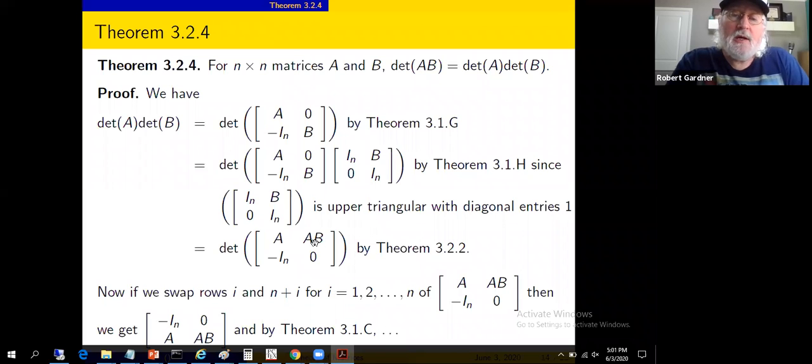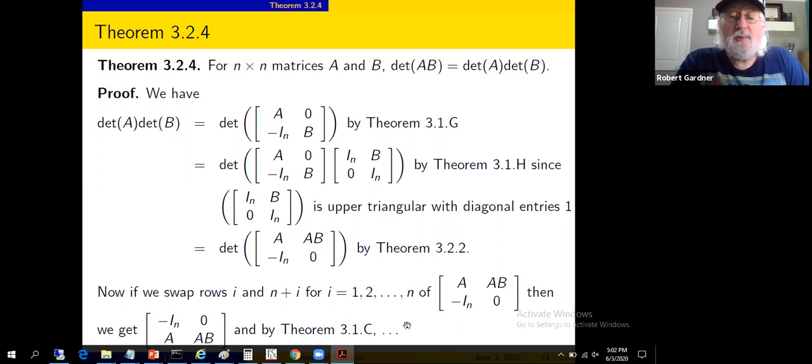So we're doing one-at-a-time row swaps to produce this matrix from the matrix we're given. We've moved the A and the AB down and the negative I sub n and zeros up.